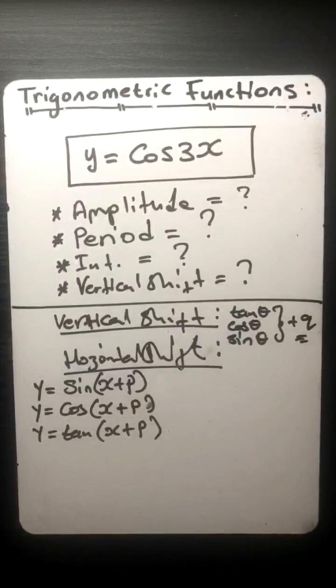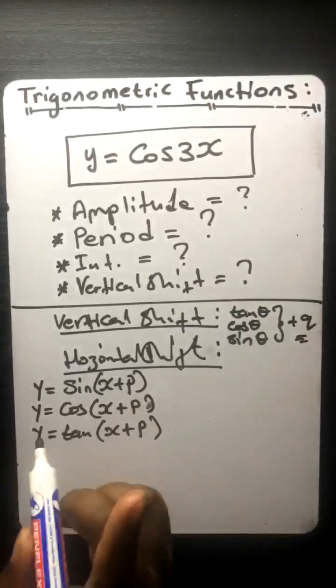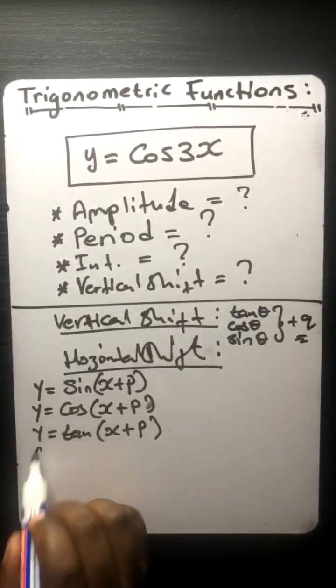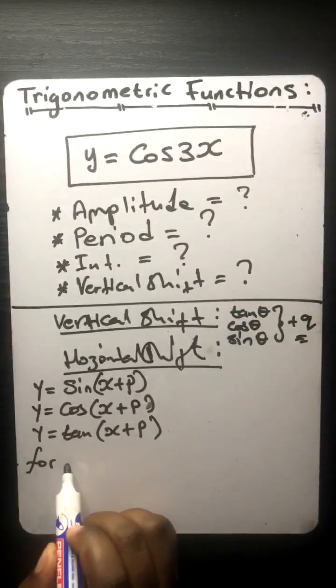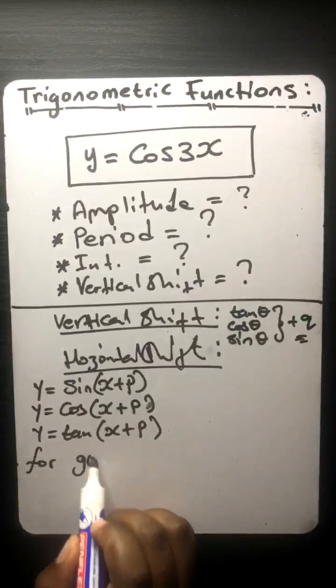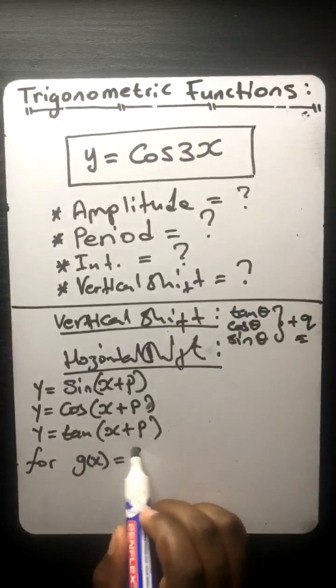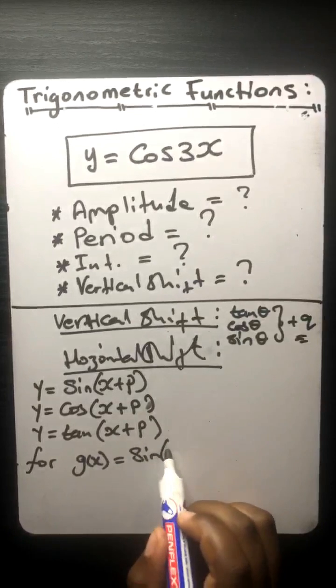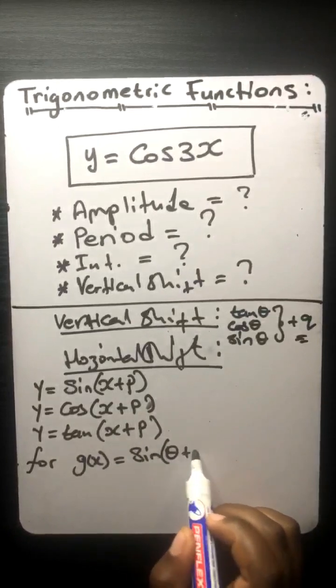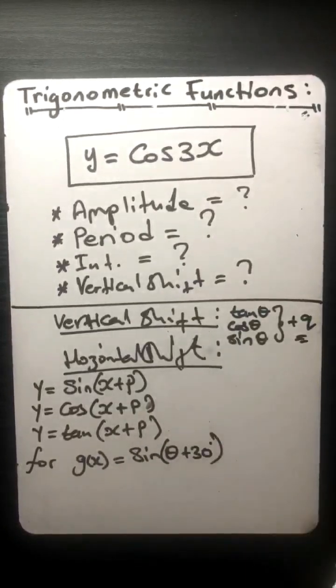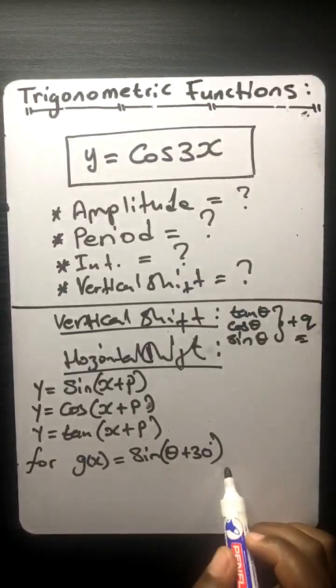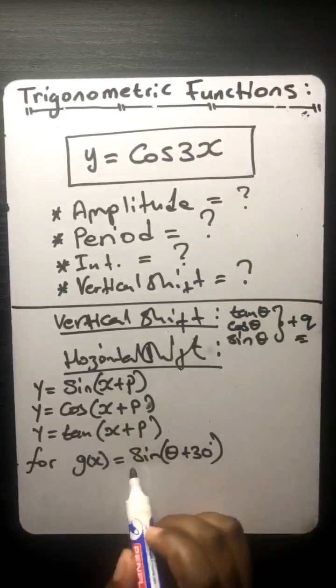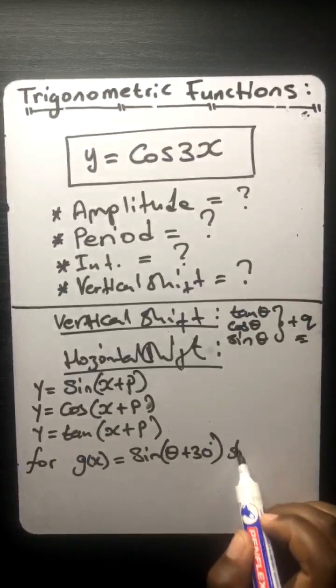I'm going to tell you something that you should at all times remember. If you have a function, let's say g of x equals sine of the angle plus 30 degrees, it means this function shifted to the left.